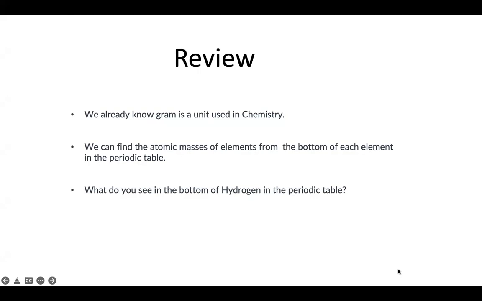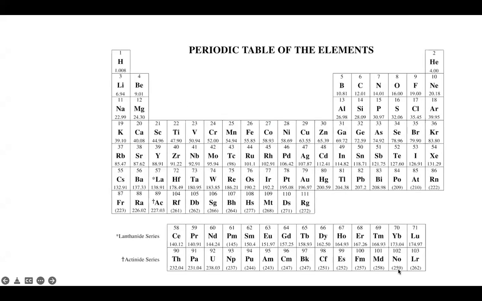We can also find the atomic masses of elements from the bottom of each element in the periodic table. For example, let's go to the hydrogen atom. What do you see in the bottom? This is the atomic mass of hydrogen.